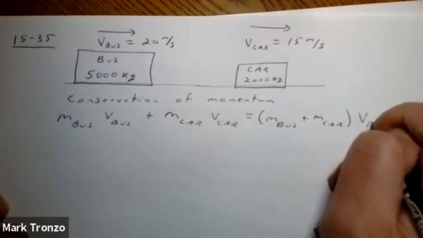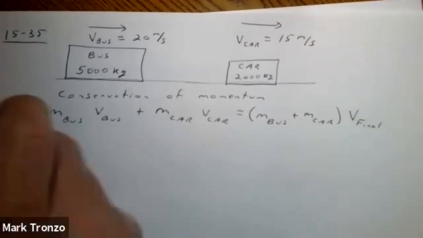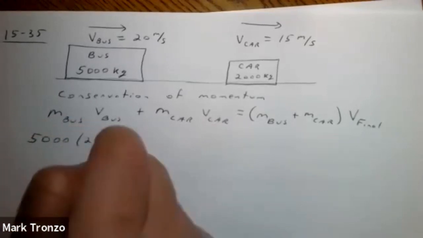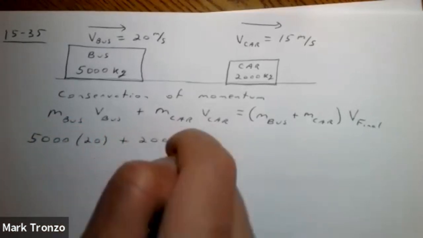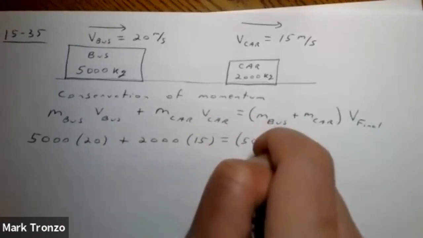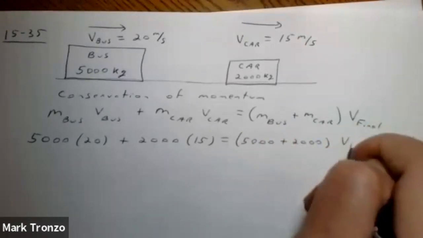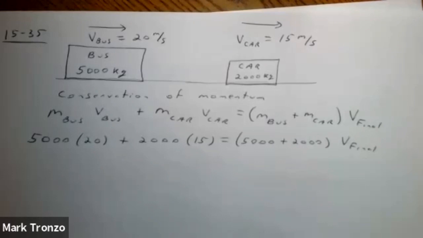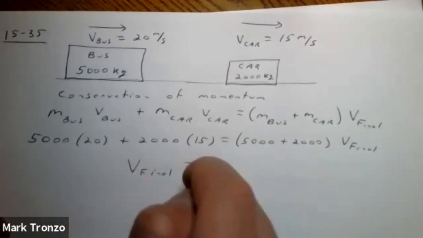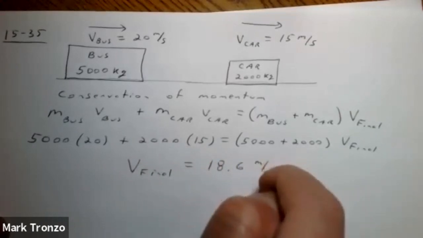So then the final velocity is going to be 5,000 times 20 plus 2,000 times 15, over 5,000 plus 2,000. All you have to do is plug in the numbers. The final velocity is around 18.57, or 18.6 meters per second.